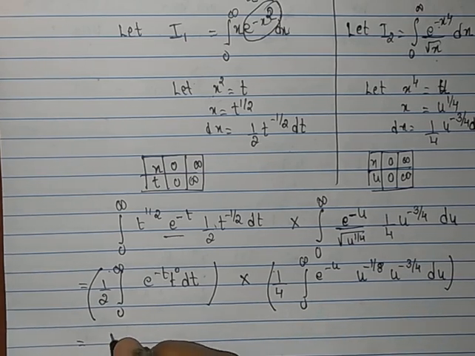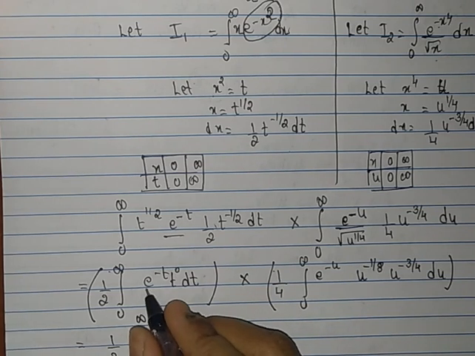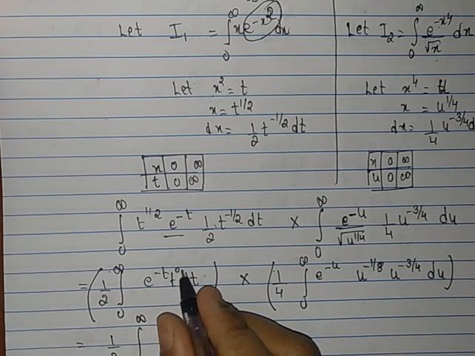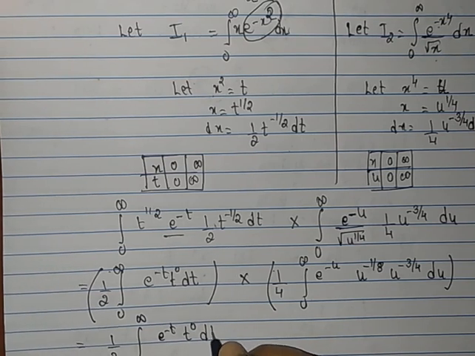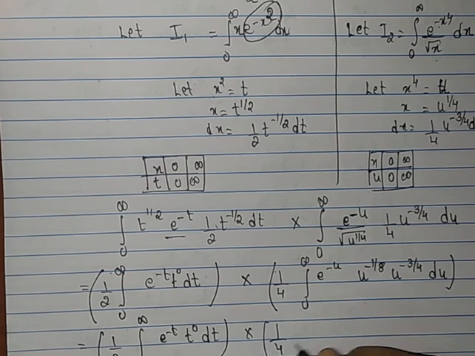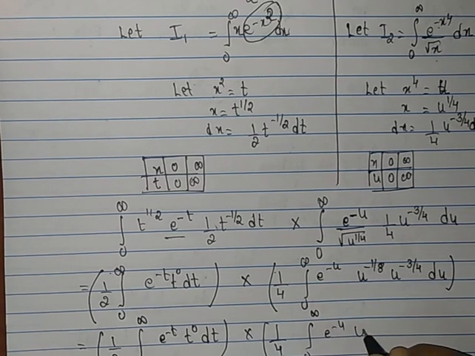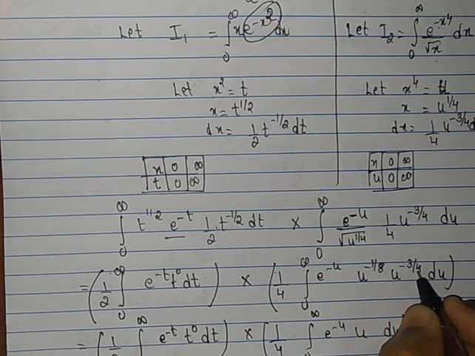As per the formula of the gamma function, e raised to minus t raised to 0 dt, into 1 by 4, integral 0 to infinity e raised to minus u, this will be u raised to minus 1 by 8 minus 3 by 4, du.